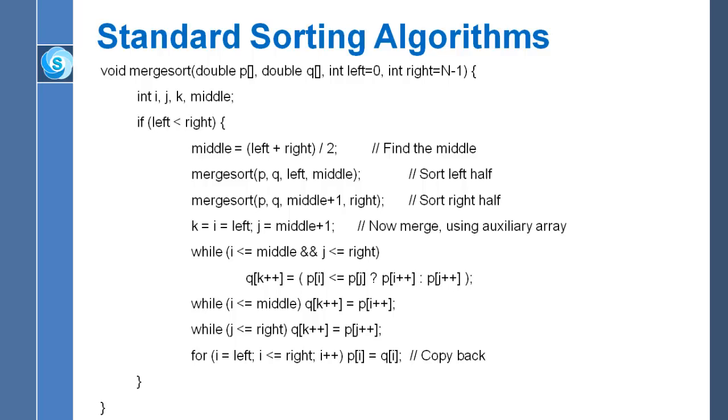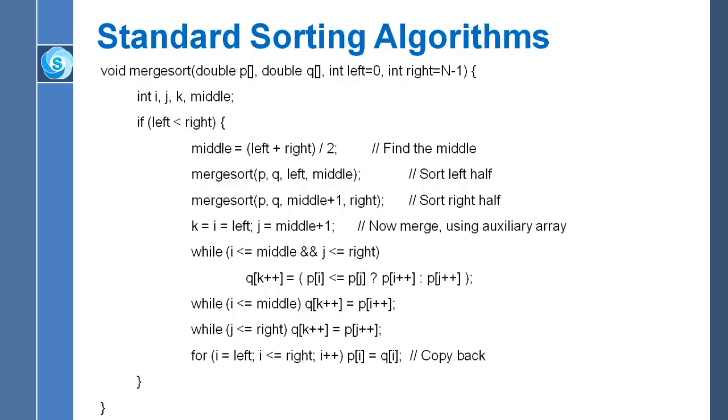We see the assignment q[k++] equals something. Something is going to be stored in the array q at position k. Okay? What I'm telling you is if p[i] is less than or equal to p[j], then it's going to be p[i] that gets stored in q[k].